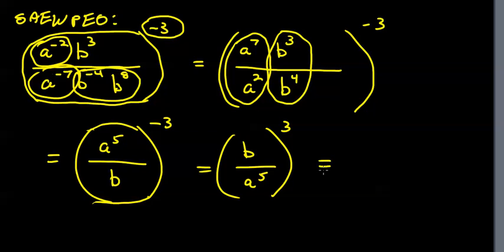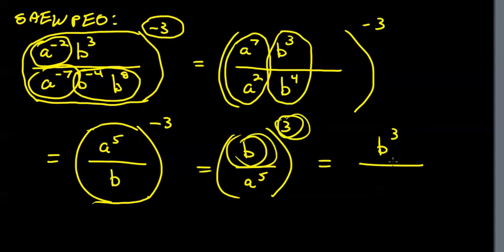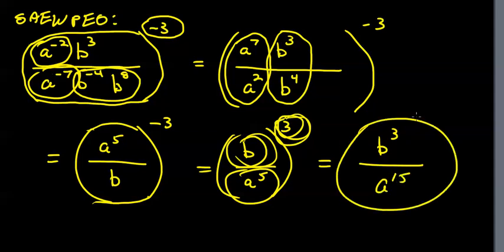Now I've got a positive exponent working on a quotient, all with positive exponents. So I can distribute this exponent over my quotient. b to the 3rd power is b cubed in the numerator, and downstairs a to the 5th cubed is, of course, a to the 15th power. All right, final answer.